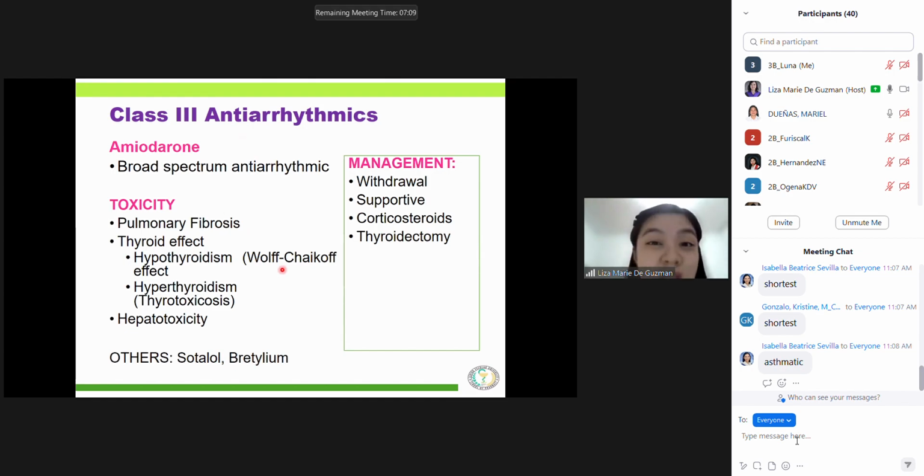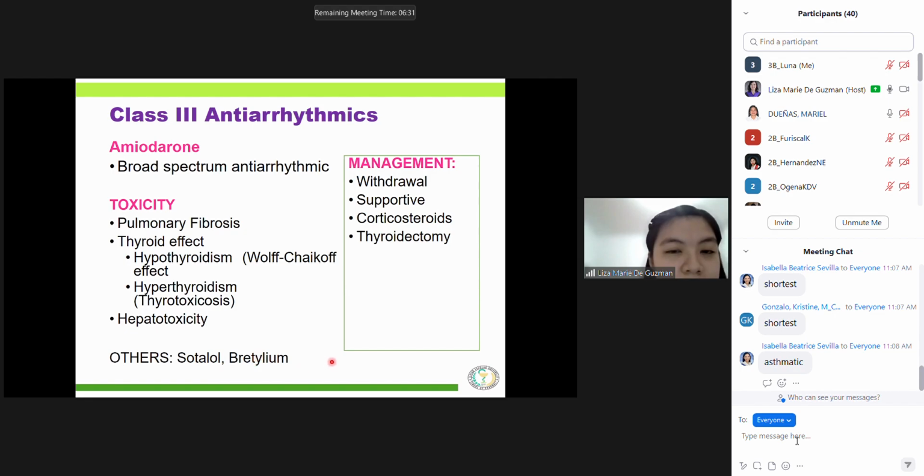One is to stop the medication if we see these toxicities. Corticosteroids, for example for pulmonary fibrosis, since this is considered the most serious adverse effect of amiodarone, wherein the lungs are damaged. And then for hyperthyroidism, we have the removal of the thyroid gland itself. When severely affected, thyroidectomy can be performed.